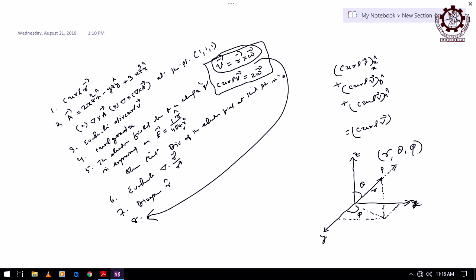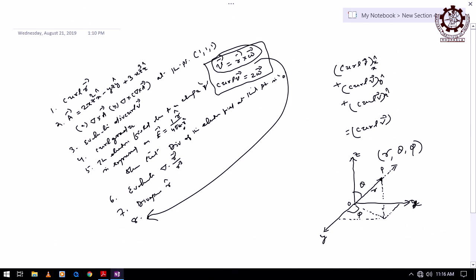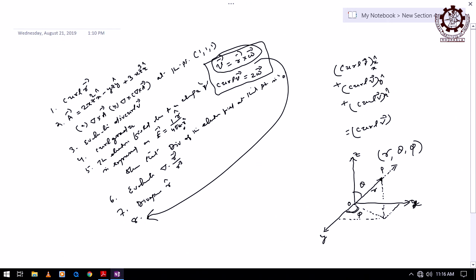r is called the position vector, measured from the origin here, and theta is the angle made by that position vector with the z direction, and phi is the angle between the y direction and the line joining the origin to the foot of the perpendicular dropped from that point to the x y plane.